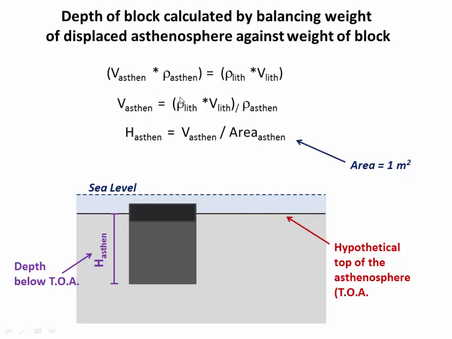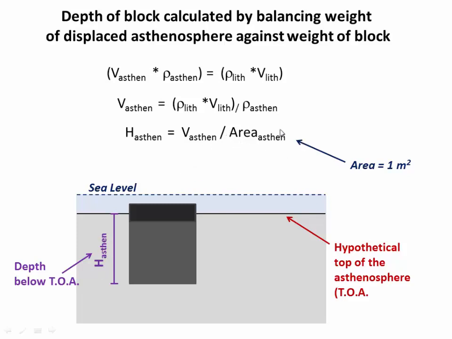And these are all things we know, our weighted average densities, our volumes. So we can solve for the total volume of this submerged area. Okay, that's V asthenosphere.